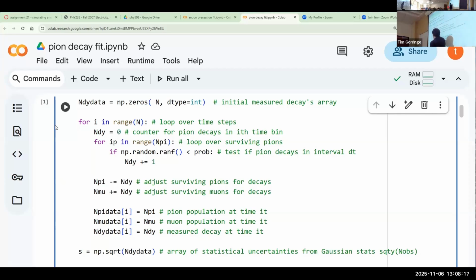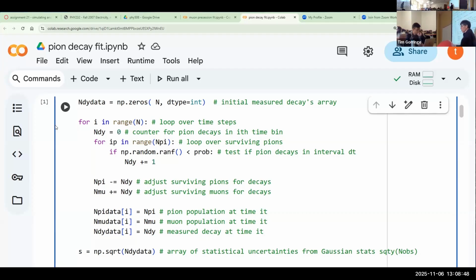So I'm initializing this counter here, NDY, for the number of decays in a particular time bit. After that initialization, to record the decays of this time bit, I'm going to walk through the individual pions and ask each individual pion, did he or she decay in this little time interval, in this little time bit?